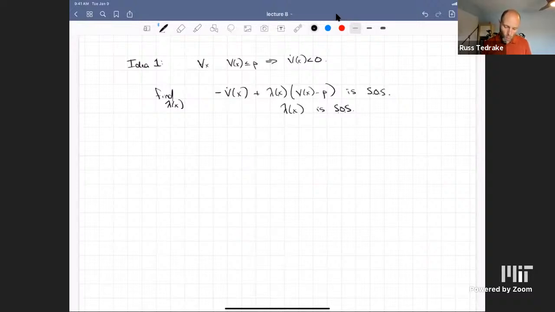Okay. When v of x is greater than rho, then this thing is actually positive. Make sure I'm pointing. If v of x is greater than rho, then this is positive. So this thing, when it's outside the region, is allowed to help make this thing more positive. Okay, so it makes the problem easier.